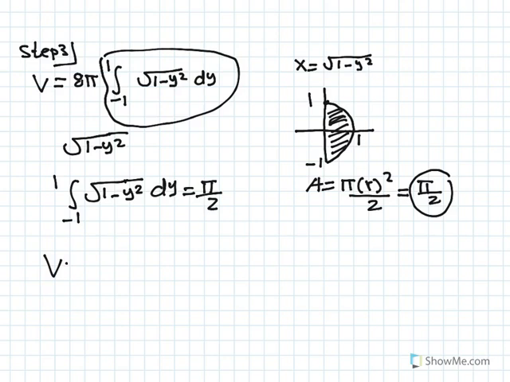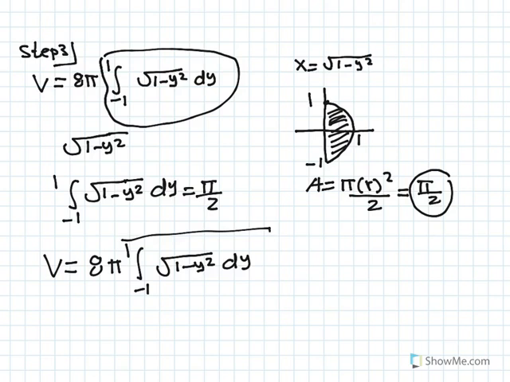So entire volume is equal to 8 pi integral negative 1 to 1 root of 1 minus y squared dy. And this integral, we applied circle geometry, and this integral comes out to be pi over 2. So the whole result is 8 pi times pi over 2.